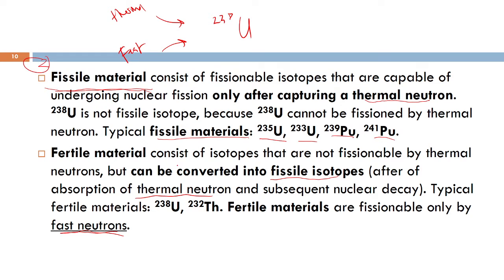So fertile is fissionable only by the fast neutron. And if you hit it with thermal neutron, it will not fission, but it will undergo a reaction which converts itself into a fissile material.